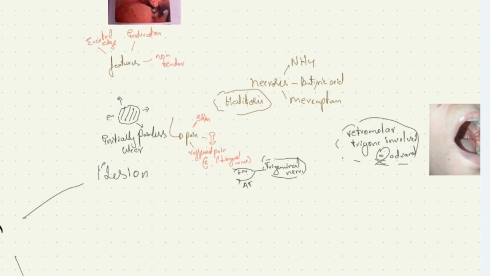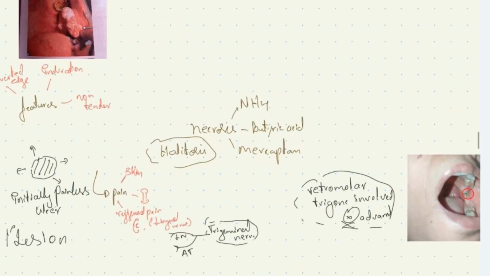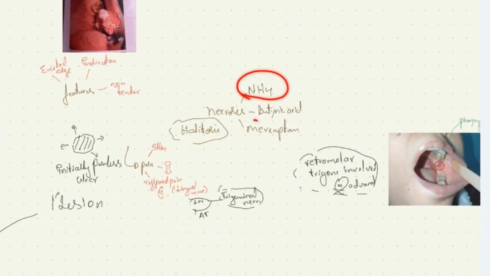The patient also complains of halitosis, that is bad breath, secondary to necrosis of this painless lesion, the ulcer. After necrosis, due to release of ammonia, butyric acid, and mercaptan, there will be halitosis, that is bad breath.